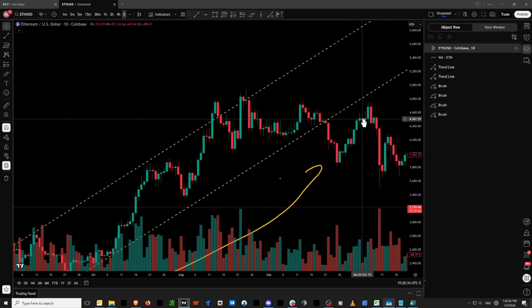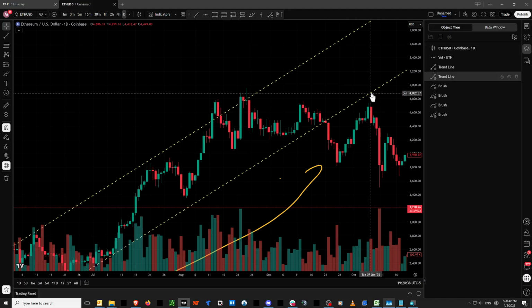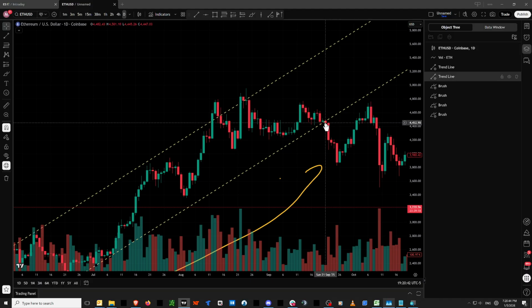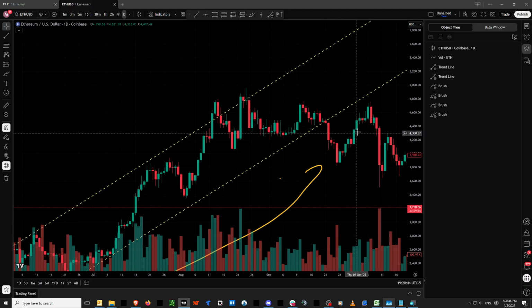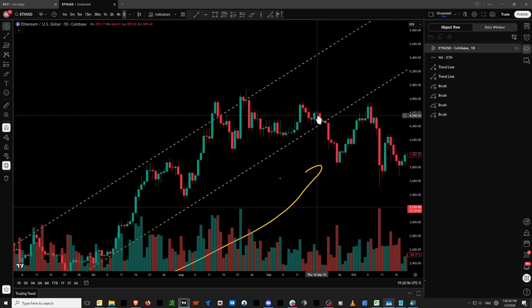We come down. We come back up towards the line. A lot of times you'll see it actually come up and touch that line, and we would call that a break, retest, bounce. Now, Signet calls that a Busby or trend line breakover.